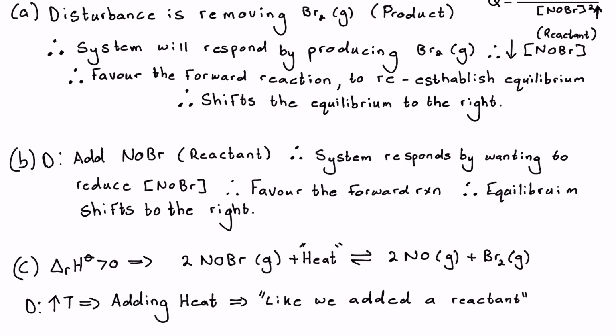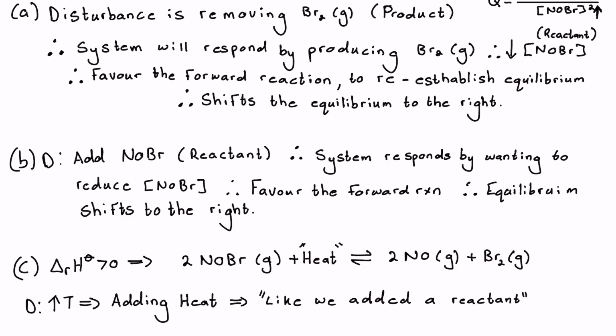So as we wrote it down there, if you increase the temperature, that means you add heat to the system. And because the reaction, when it's endothermic, absorbs heat, increasing the temperature means it absorbs more heat.